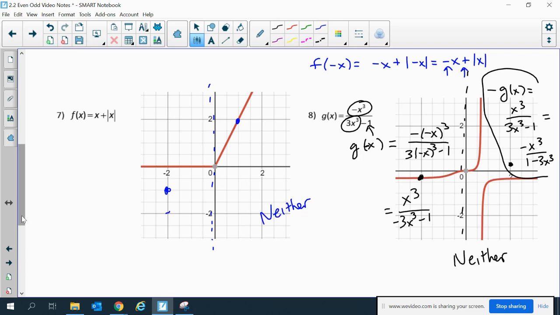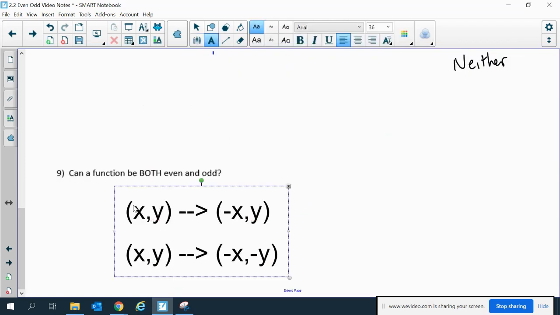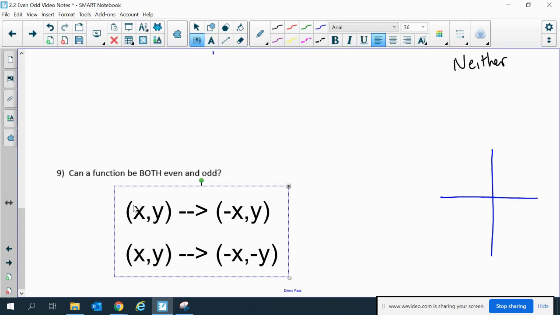Last thing that we're going to talk about: is it possible for something to be both even and odd? If we have a graph and we have the point x, y, in order for it to be even, it would have to mirror over to negative x comma y.